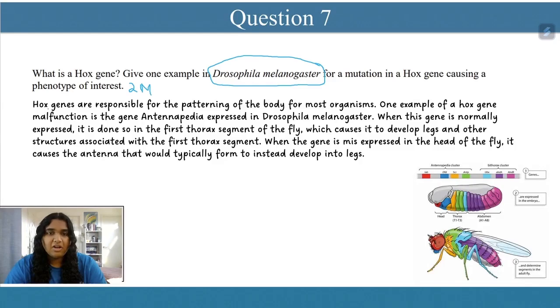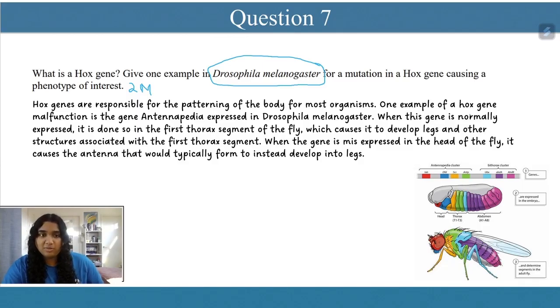All right. Hox genes are a type of transcription factor responsible for the patterning of the body in most organisms. You don't need to know this in too much detail, but one example of the Hox gene is for the thorax segment of Drosophila melanogaster. So this is a typical fruit fly.